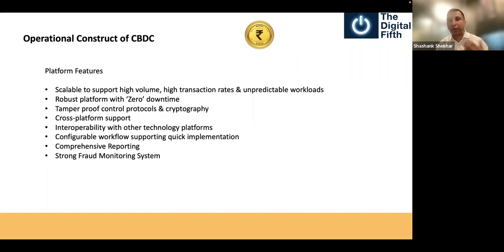These are various other operational aspects being looked at. So these are the critical components that will continue to evolve as the RBI keeps working on the technology backbone and operational structure for the CBDC. Going forward in the multiple pilots, these things will evolve, and once they come into place, the various use cases will also come into place.